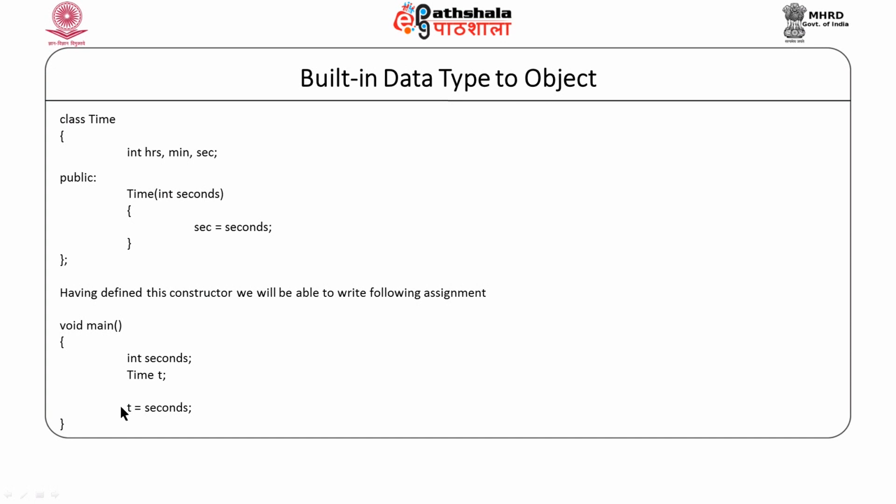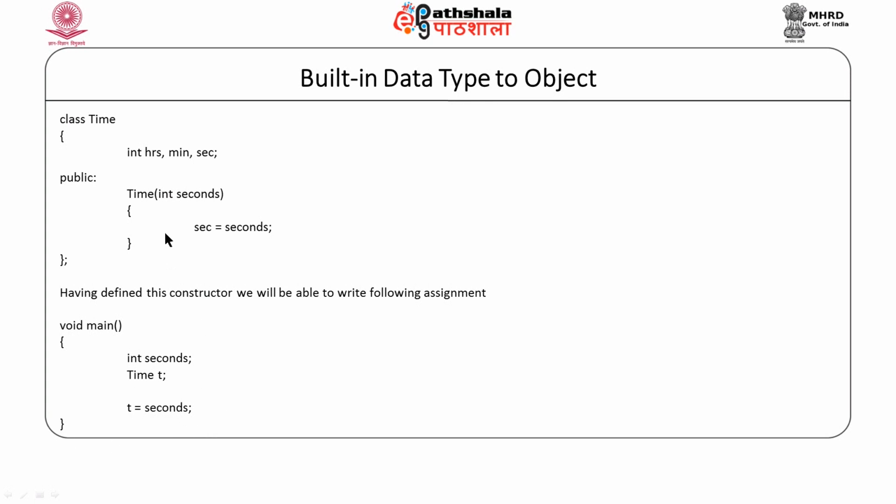So, the left hand side variable and the right hand side value should both have the same data type. What the compiler actually does is that it converts the value of the right hand side expression into the type of the left hand side variable, and then the assignment happens. In this case, the seconds, which is an integer variable, needs to be converted to an object before this assignment happens. So, what would the compiler do?